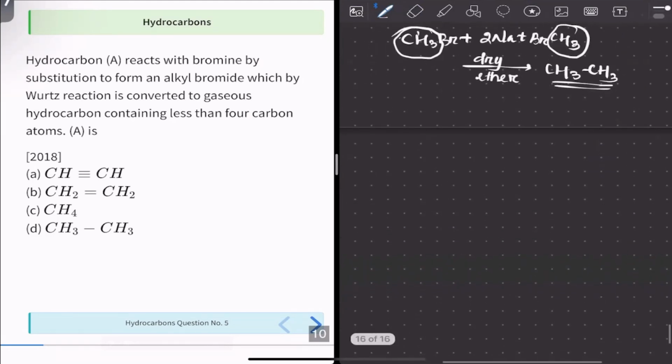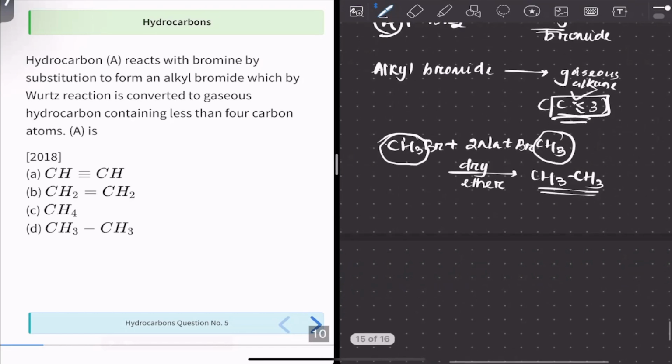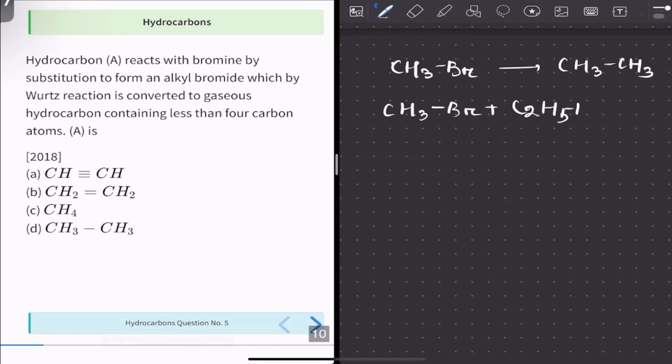Here, to produce a gaseous alkane with carbon less than 4, we have to take the alkyl bromide as either CH3Br, which will produce CH3CH3, or we can take CH3Br plus C2H5Br, dissimilar, so it will produce CH3CH2CH3. So there are two possibilities.